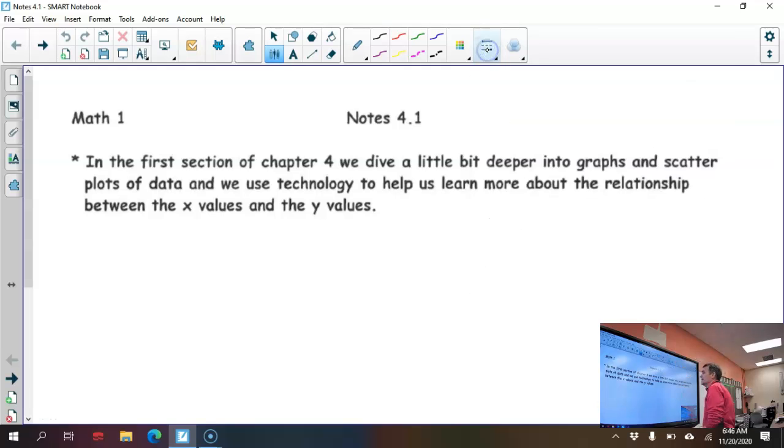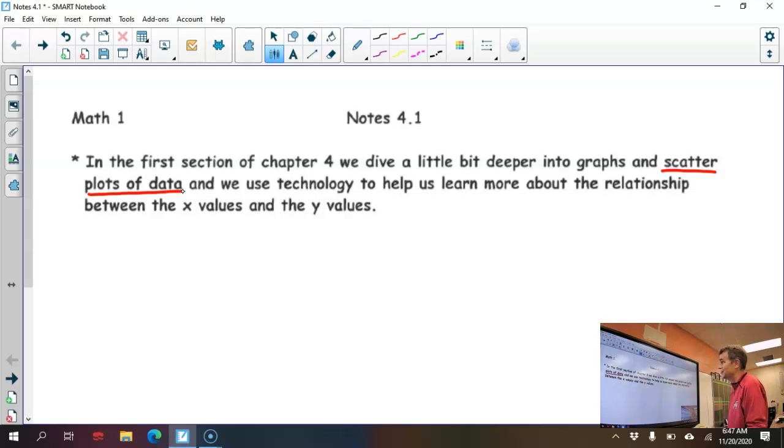So here we go. First we need this vocabulary. It says in the first section of Chapter 4, we dive a little bit deeper into graphs and scatter plots of data. And this is really the important thing because data is often not perfect. Often it is a scatter plot and you have to interpret it.